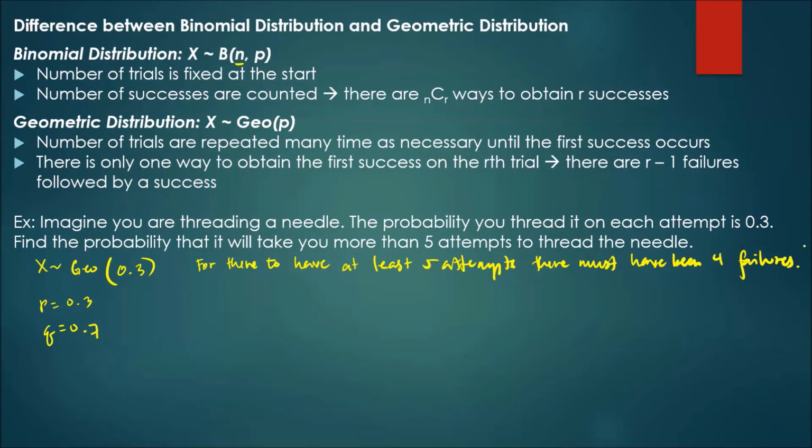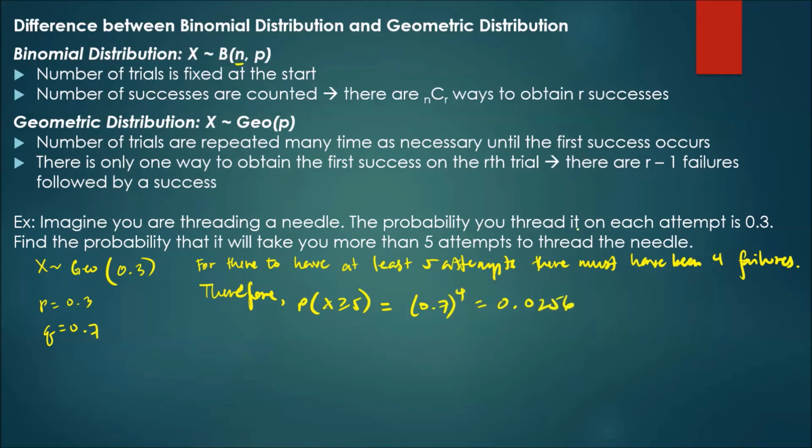Because you cannot go to a 5th attempt if you were not able to experience the 4 failures. Therefore, the probability that X is greater than or equal to 5 is equal to 0.7 raised to 4, which is equal to 0.0256.